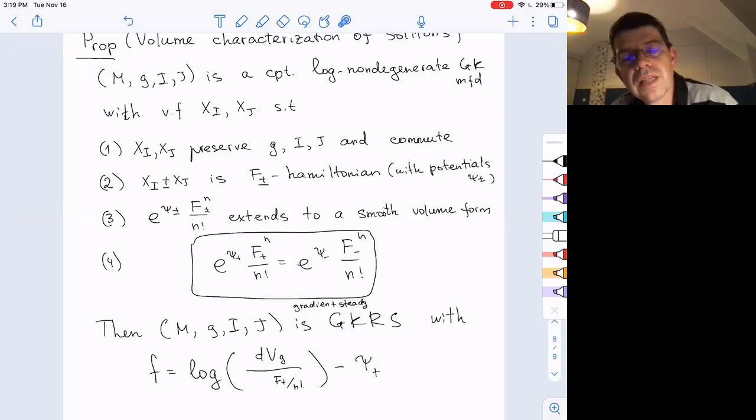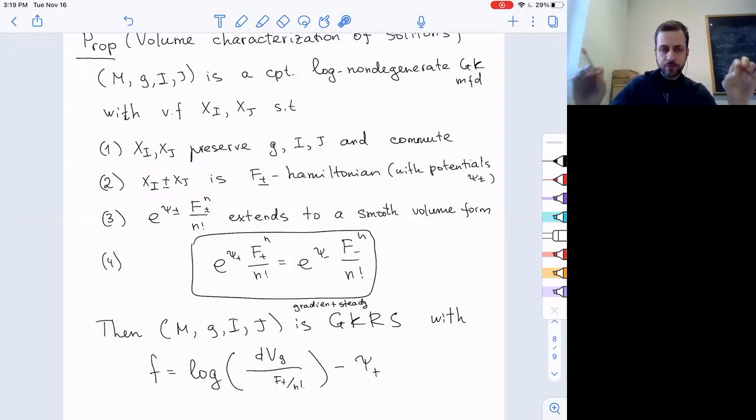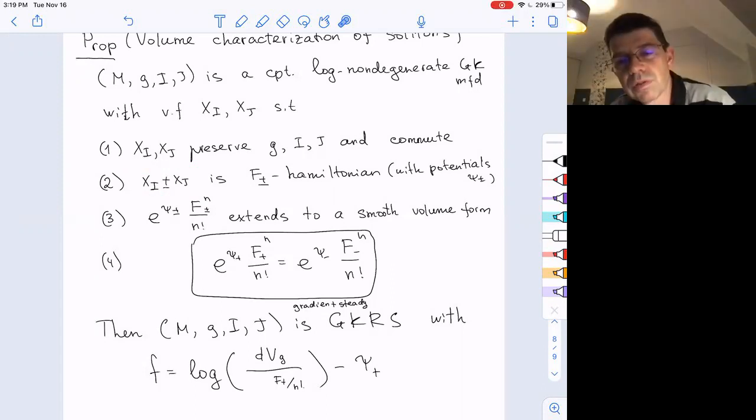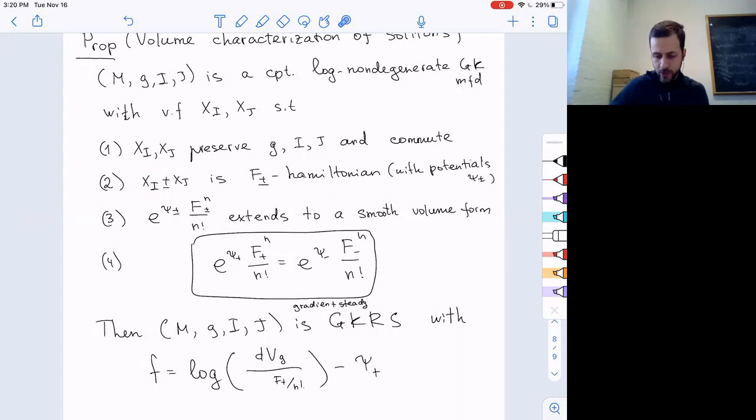But if I take a linear combination of C plus and C minus and try to satisfy the condition with F plus, it will not satisfy anything. Maybe only C plus will do, so it determines the first vector field, and similarly for F minus. So we will have this e to the psi plus f to the n over n factorial, which is globally defined. Maybe there is some other function.